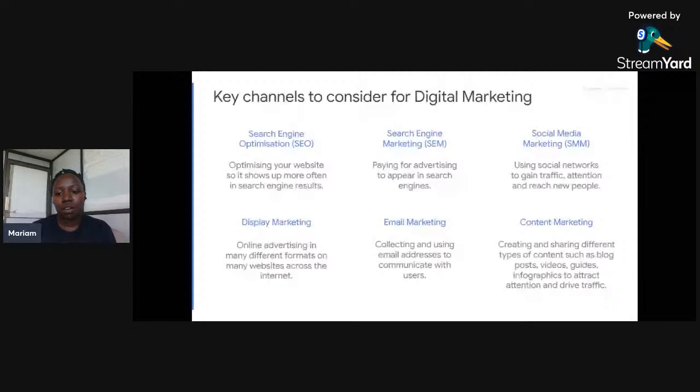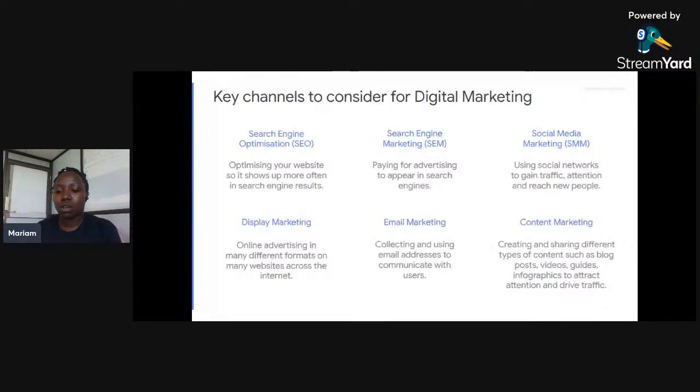All of that, they're collecting your emails, and they're going to keep on updating you about their new products, or about how you can use their product. That is all under email marketing.